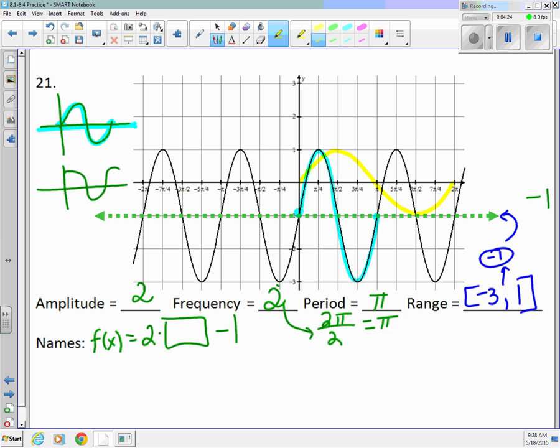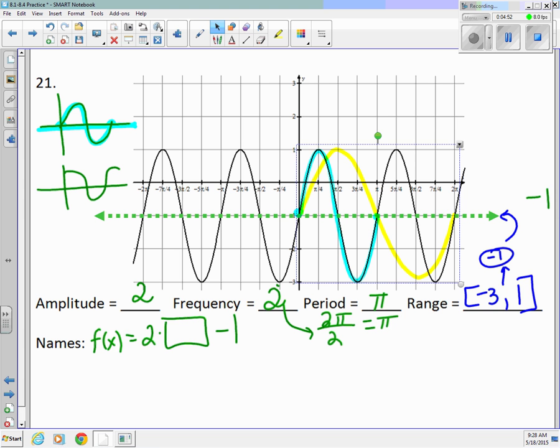Obviously I have my vertical stuff: I'm going to move it down 1, and stretch it vertically. Actually, I should stretch it vertically first, excuse me, and then move it down 1. Now it's perfectly in line. So that's my vertical stuff. But then I have to look at what I have to do horizontally.